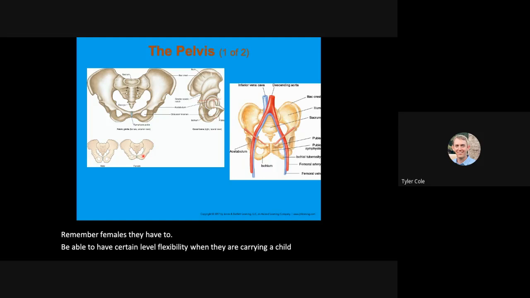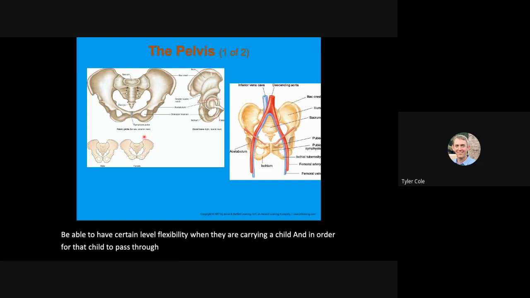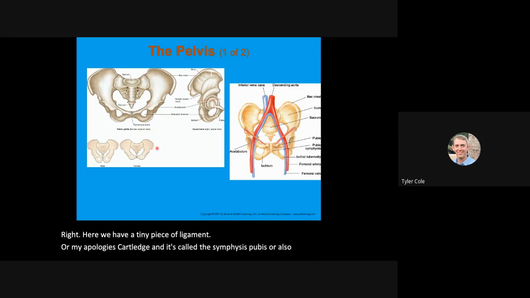And in order for that child to pass through the birth canal, their pelvis has to be flexible. Right here, we have a tiny piece of ligament, or my apologies, cartilage. And it's called the symphysis pubis, or also pubic symphysis.